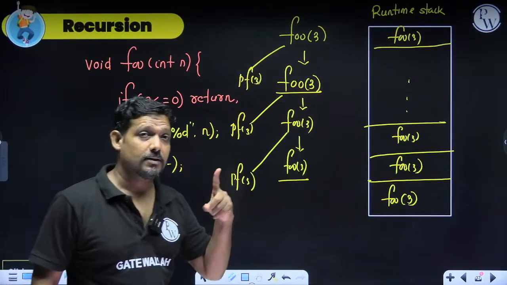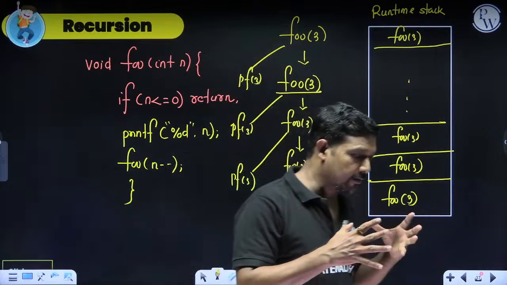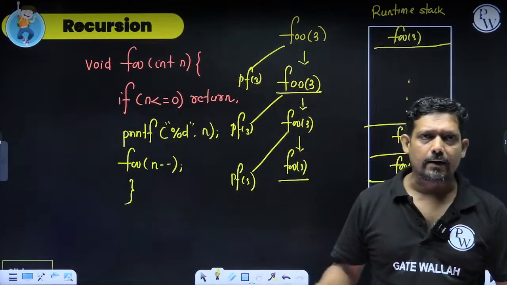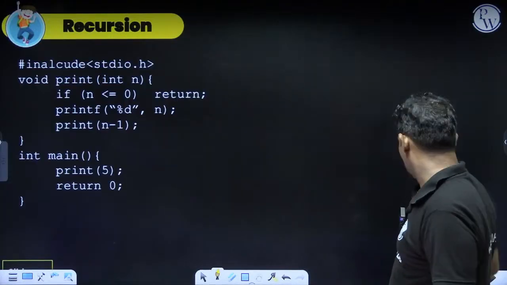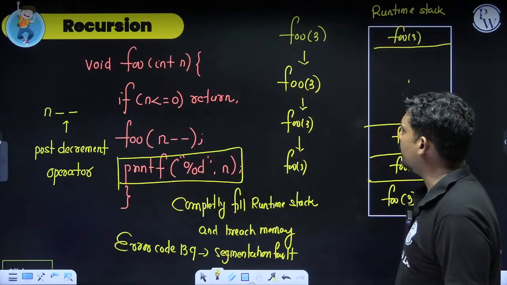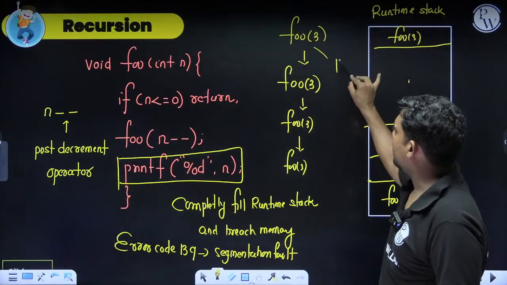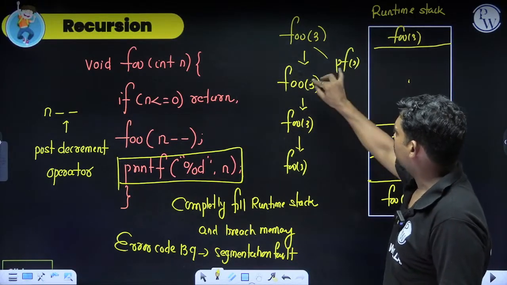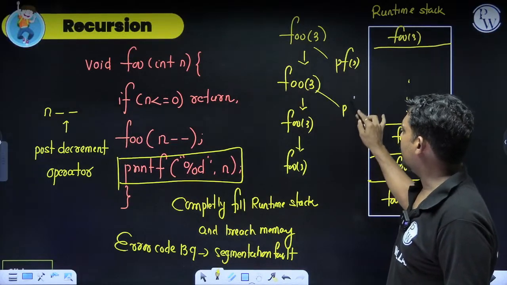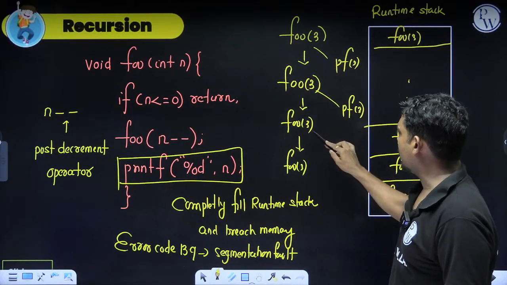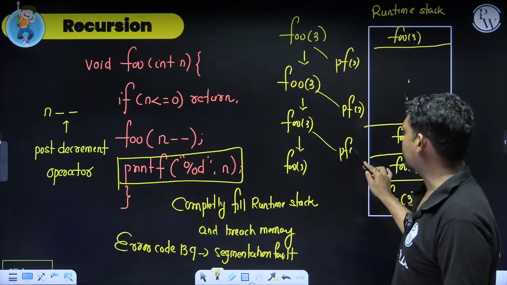So in the first program I demonstrated, nothing will be printed because control will never reach this printf. foo(3) will call foo(3), it will be stuck here. The next foo(3) will call foo(3) again and be stuck here. So control will never reach this printf.